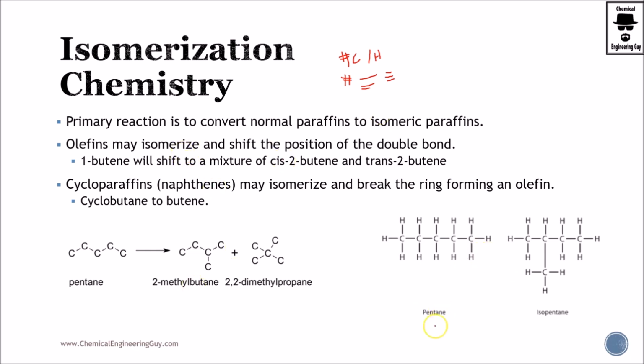Now remember that, for instance, pentane has 5 carbons and a total of 5 times 2, 10 plus 2, 12 hydrogens. As you can see here, isopentane, please count them out, has 5 carbons, and if you were to count all the hydrogens, you will count 12 hydrogens. So you can see here, this is linear, this is branched.